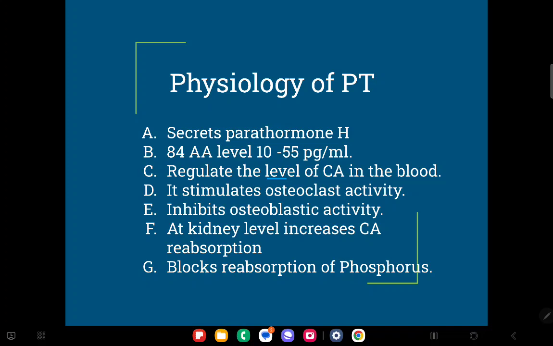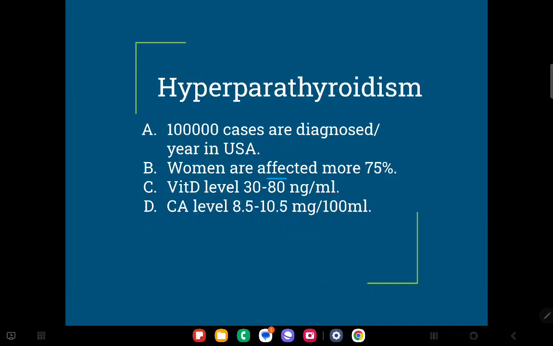On phosphorus, it acts in the reverse, because it increases the secretion of phosphate in the urine, and so lowers the phosphorus level in the blood. The most important defects in the parathyroid: you can find hyperparathyroidism, hypoparathyroidism, you can find tumors or malignancies, you can find benign tumors which are adenomas, and you can find other problems which are of no surgical importance.